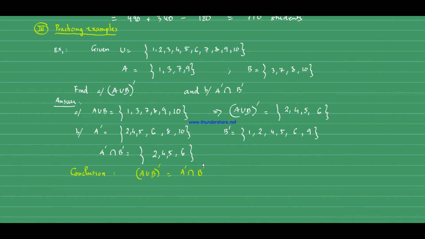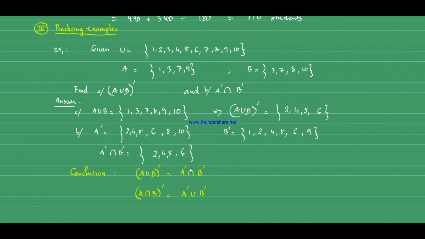Actually, this formula right here, later on we call the De Morgan's laws. This is one of De Morgan's laws. De Morgan's laws have another formula: if you want to find the complement of the intersection between two sets, then it gives you the union between the two complements.